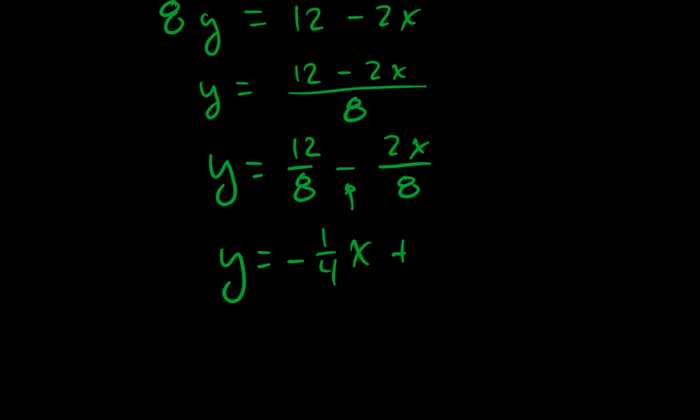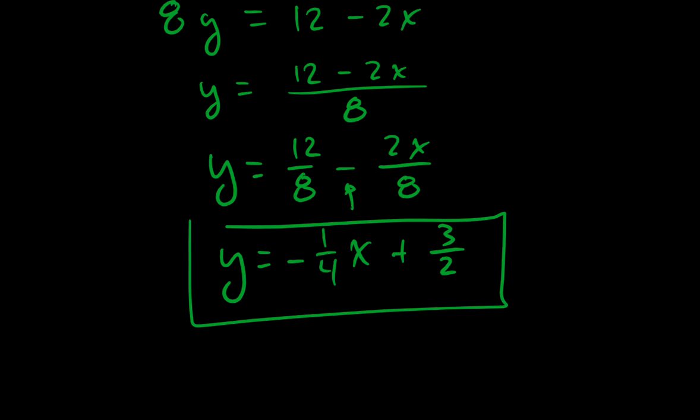And then if I reduce the 12/8, both of those can be divided by the number 4. If I divide 12 by 4, I have 3, and if I divide 8 by 4, I have 2. So this is the equation that I think, I would have taken other forms of it, but y is negative 1/2 x plus 3/2.